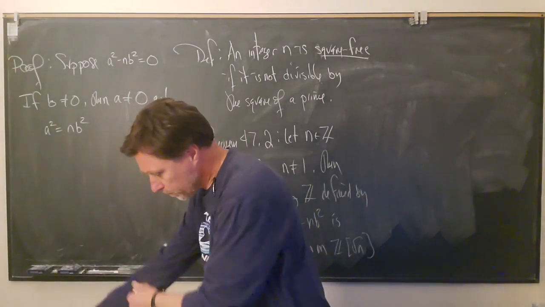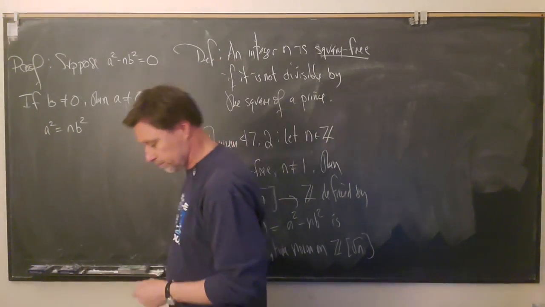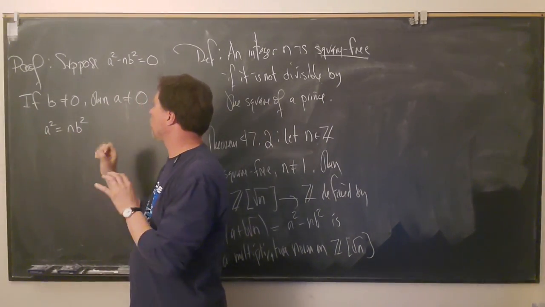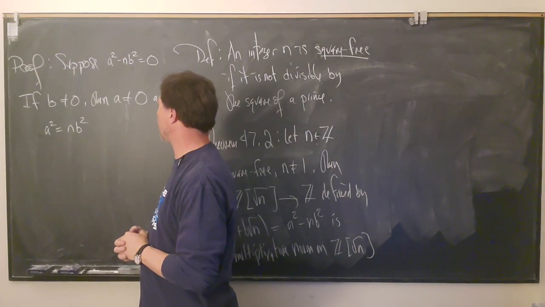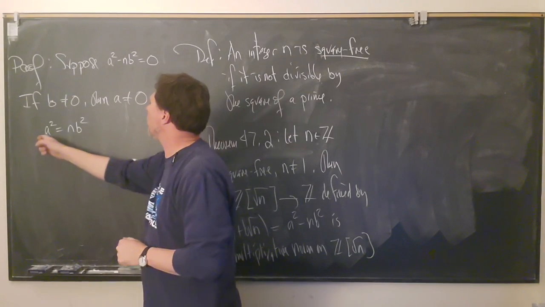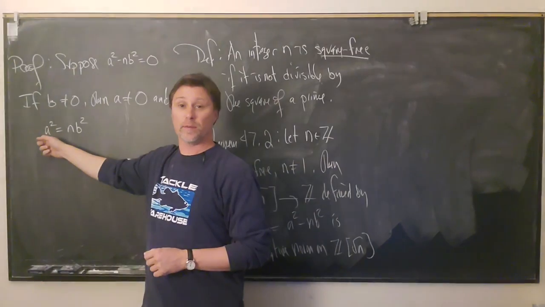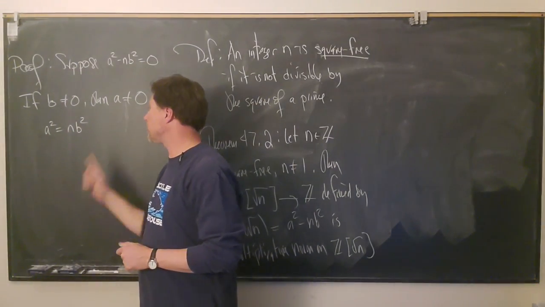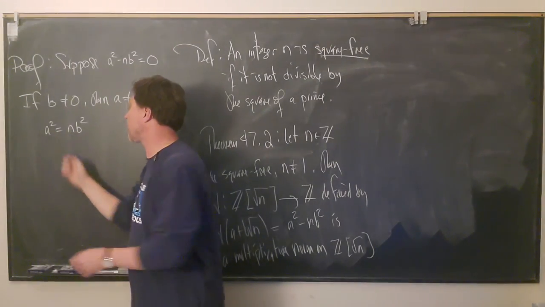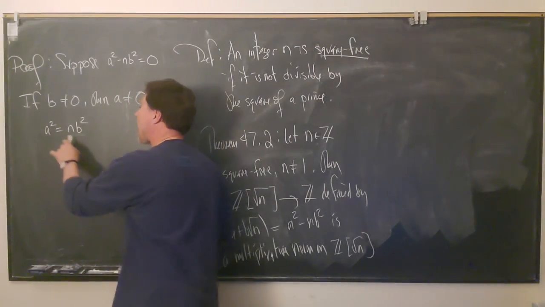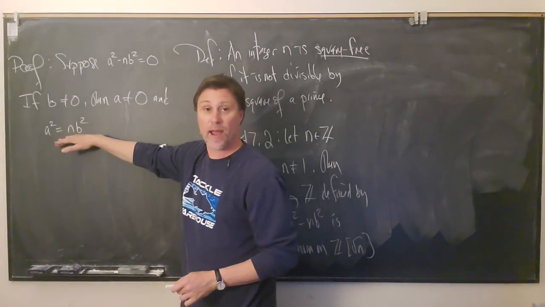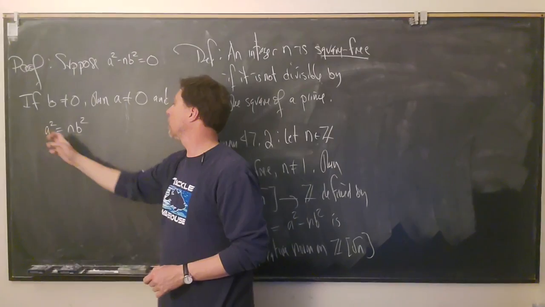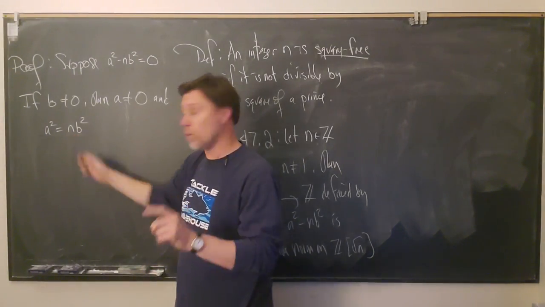Now, if you imagine a squared written out as a product of primes, then every one of the prime factors is going to have an even power. However, on this side, because we assumed that n is square free, n b squared is going to have at least one prime factor with an odd power. So on the left-hand side, all even powers; on the right-hand side, we've got at least one odd.